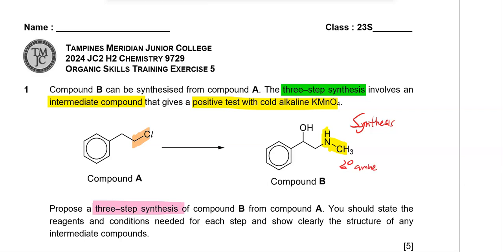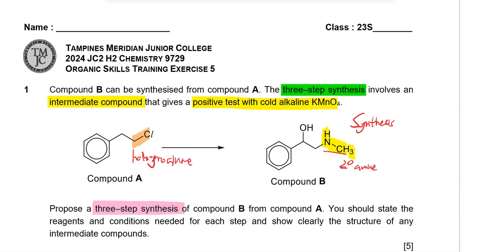Okay, so if you recall your organic chem reaction mechanism, your halogenoalkane can be converted to an amine via nucleophilic substitution.